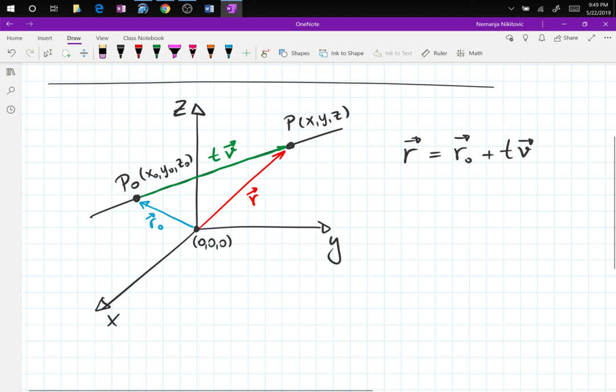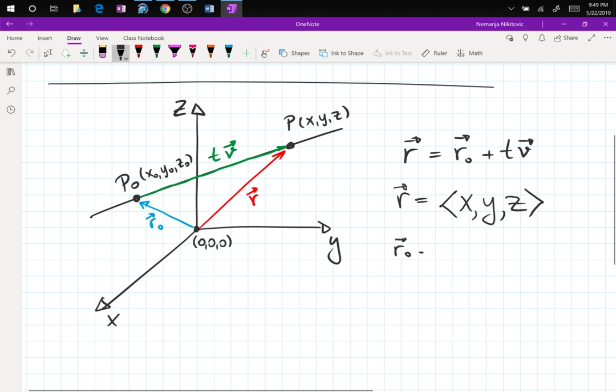Now vector r is the vector x, y, z, because you subtract the coordinates: x minus 0, y minus 0, z minus 0 to get that vector.